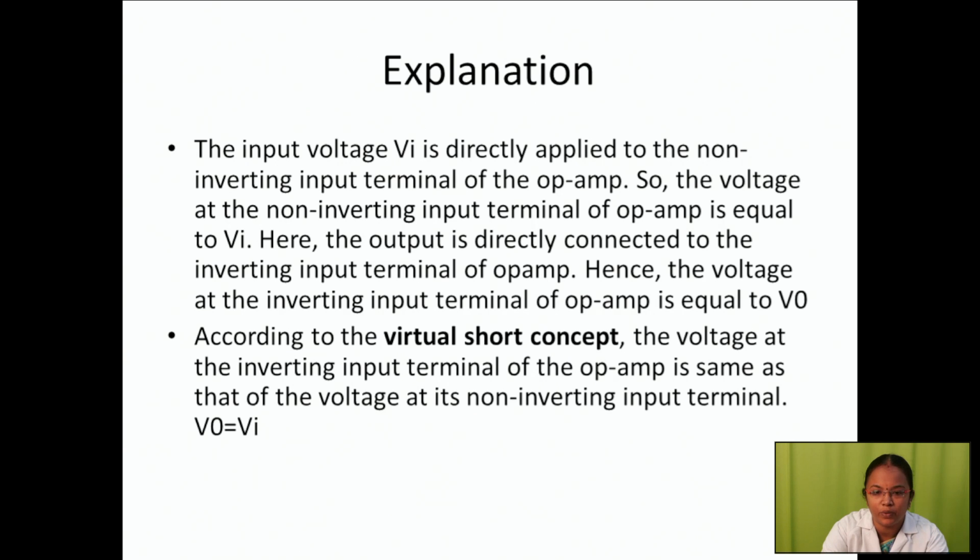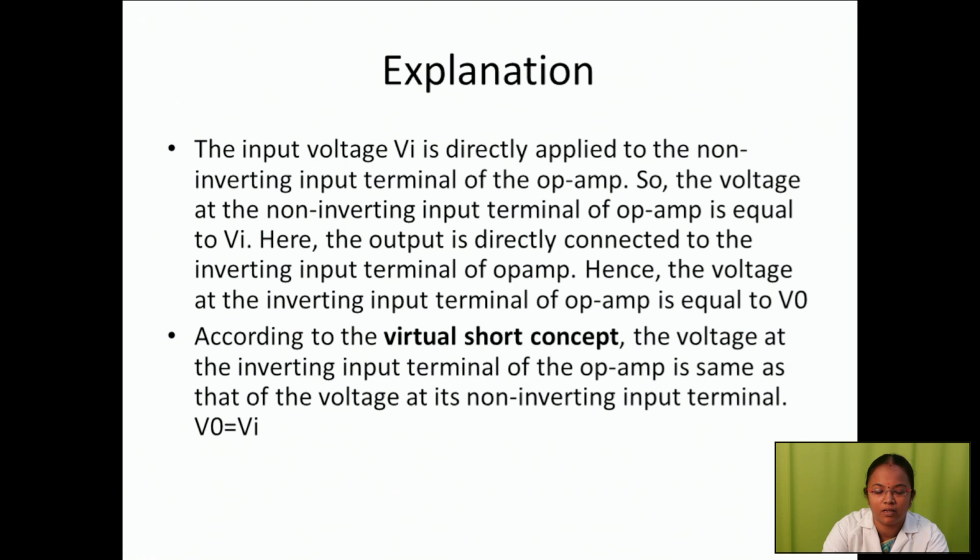So the input voltage VI is directly applied to the non-inverting terminal of the op-amp. So the voltage at the non-inverting input terminal is equal to VI. The output is directly connected to the inverting terminal of the op-amp. Hence the voltage at the inverting input terminal is equal to V0. According to the virtual ground concept, the voltage at the inverting terminal of the op-amp is the same as the voltage at its non-inverting terminal.